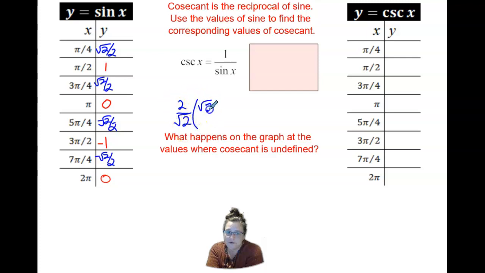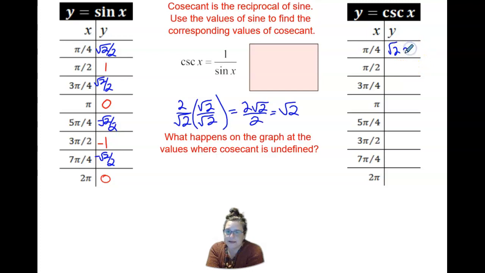We're going to rationalize the denominator by multiplying the top and bottom by square root of 2. And then we'll have 2 square root of 2 over 2, which simplifies to just the square root of 2. So the cosecant of pi over 4 equals square root of 2.